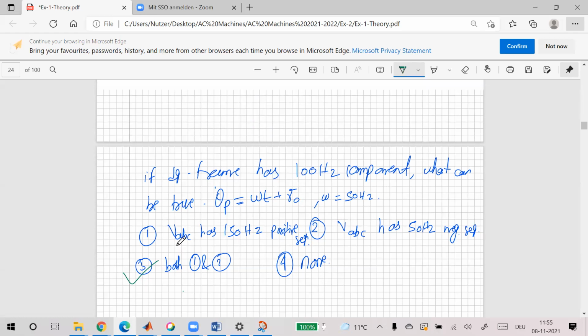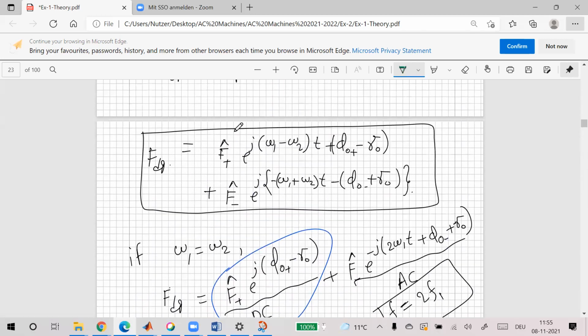See this equation: if your omega 1 is equal to omega 2, there is no frequency. Just for positive sequence, forget about negative sequence. When these two frequencies are the same, you get the DC value. That's the key.